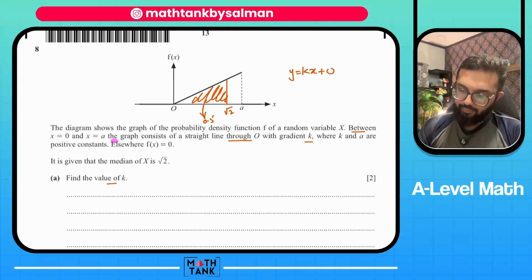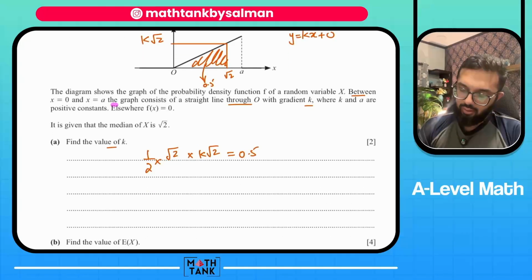And the value of k. Can I find the y coordinate? It's going to be k root 2. So half base times height: 2k over 2 equals 0.5. K is therefore 0.5.